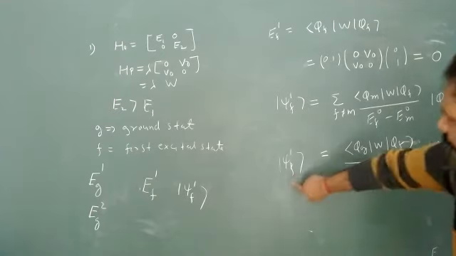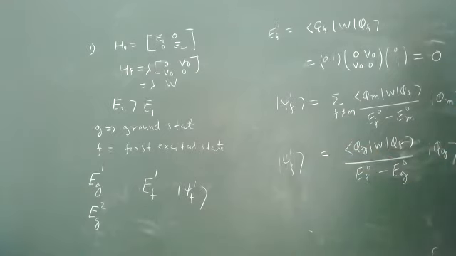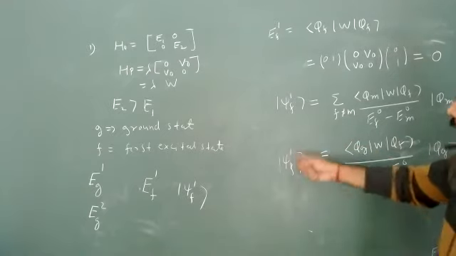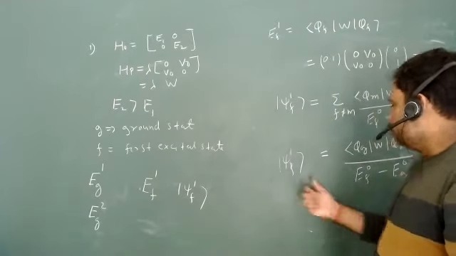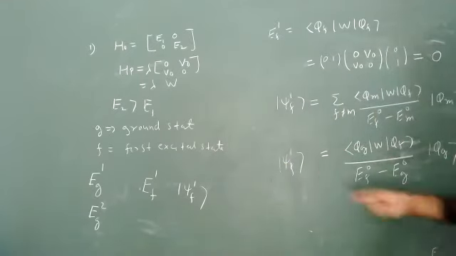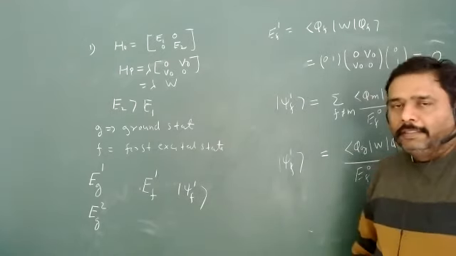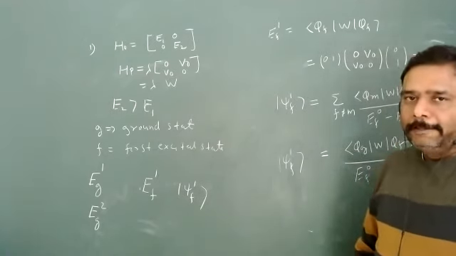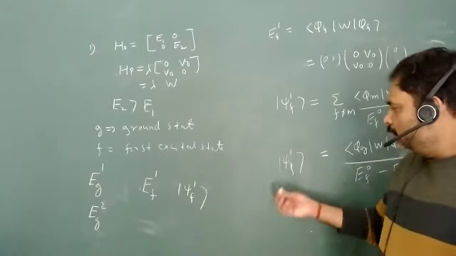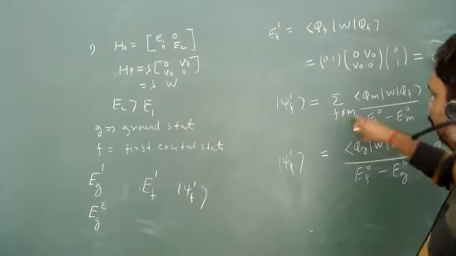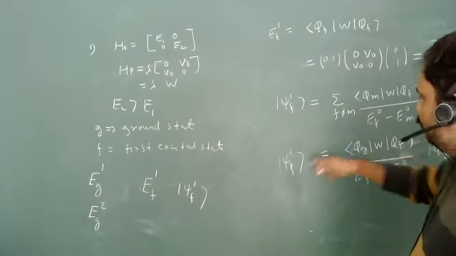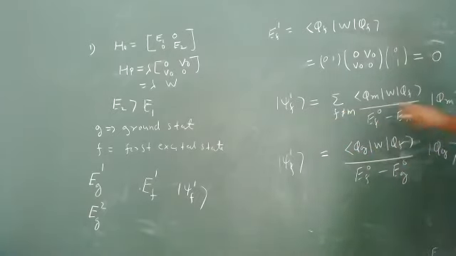And psi 1 f is proportional to other functions. This is not proportional to g. Are you seeing this particular thing? Because m is not equal to f. Only phi f will not be part of this function. All others will be part of this function.